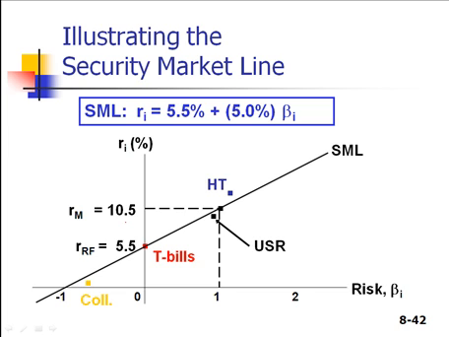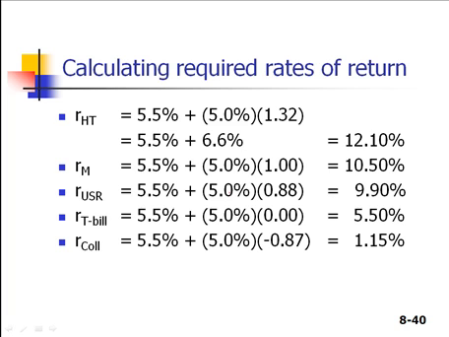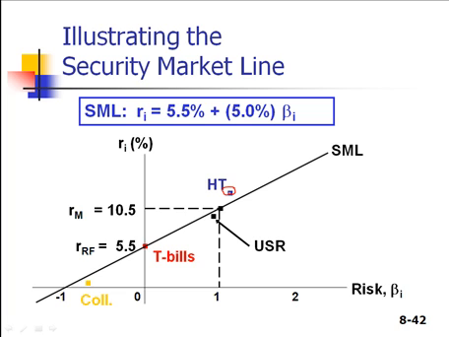Okay, so that just goes back to your classic algebra equation for a line. Well, anyway, if I plot that line and I also plot these individual investments, look at the high-tech stock. If I plot its beta of, what did we say its beta was? We'd have to go back, 1.32 for the high-tech stock. So if I plot its beta, which should be about here, that may be just a little bit off scale, but let's just say that's 1.32.